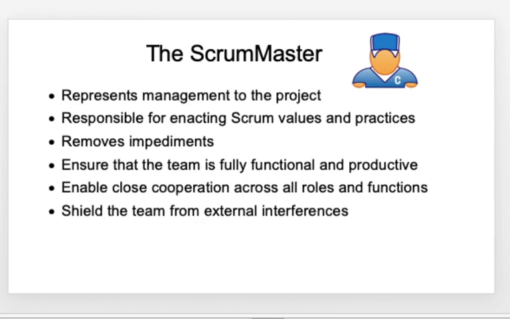He will be responsible for enacting the Scrum values and practices. He will be responsible for removing any kind of impediments and obstacles that might come in the way of the execution of the project. He will make sure that the team is fully functional and productive. He will enable close cooperation across all roles and functions, and he will also shield the team from external interferences.